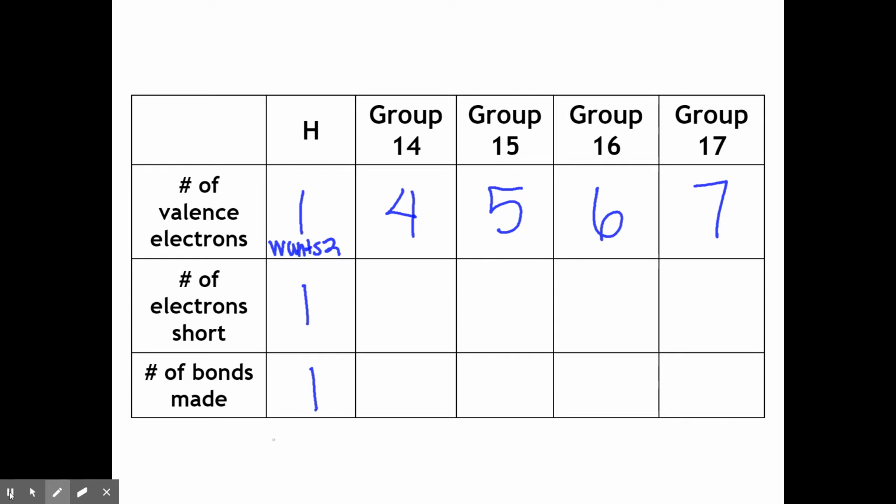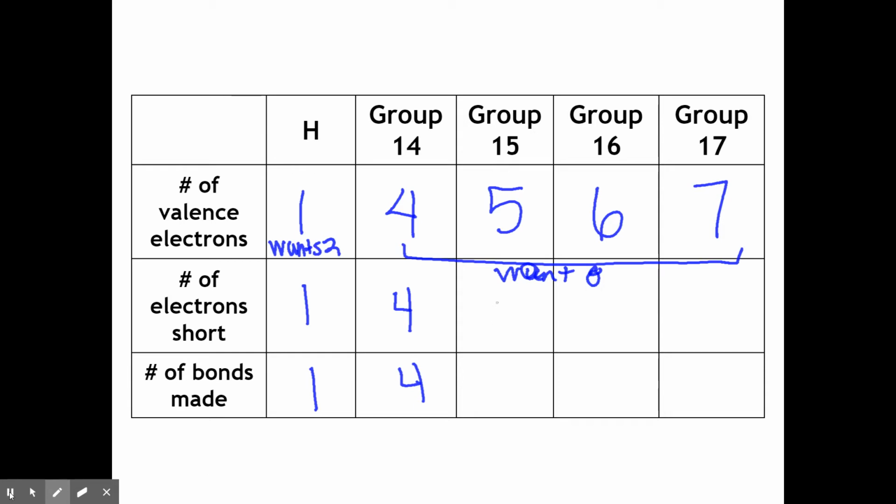Things in group 14, 15, 16, and 17, they all want 8 electrons. So if it's in group 14 and it has 4, it wants 4 more electrons, so it will form 4 bonds.